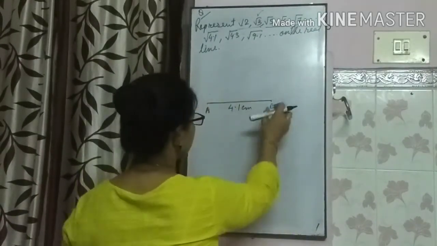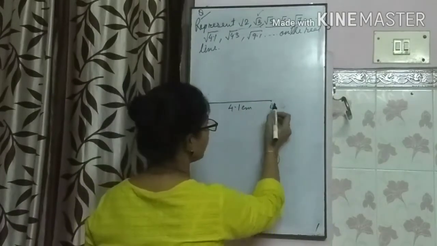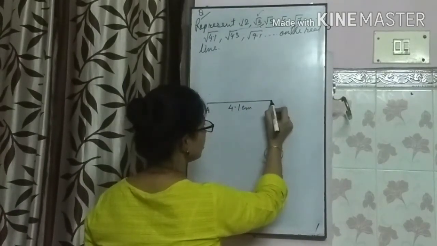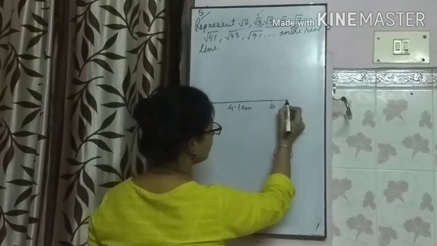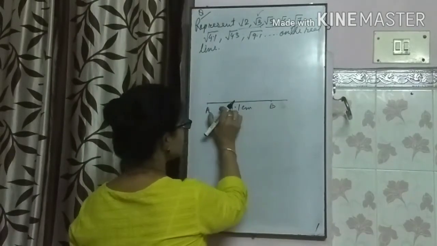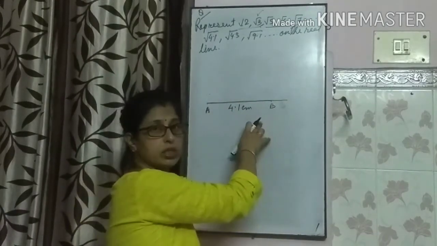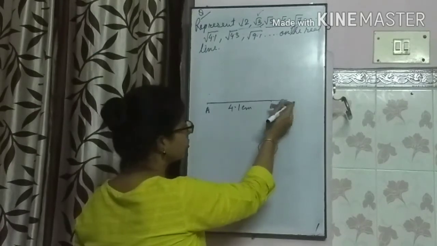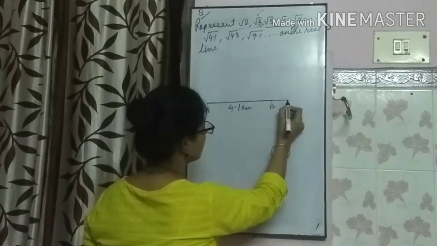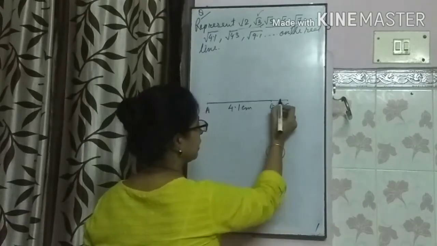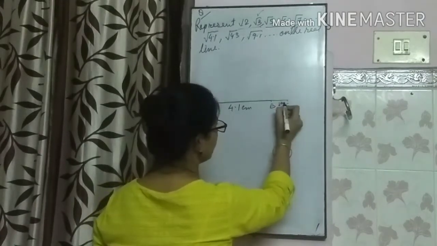Then always you need to take one more unit. You have to produce this line one more unit. One more unit means these are all counted as centimeter, so one unit will be 1 centimeter. More 1 centimeter and mark as C. This mark is 1 centimeter.